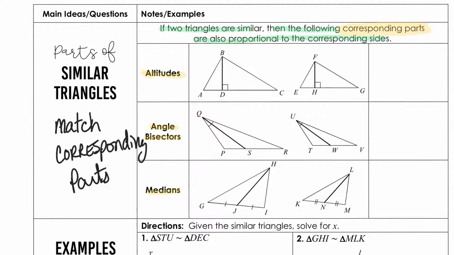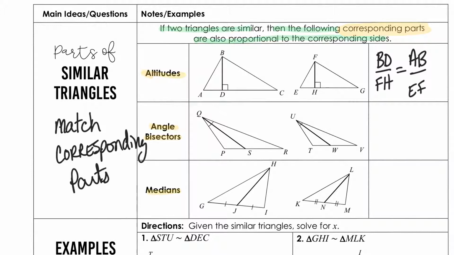So in our particular drawing, we have triangle ABC and triangle EFG, but we have the altitude BD and the altitude FH. Now, what does that tell us? That tells us that BD to FH would be equal to any other corresponding side, such as AB to EF.